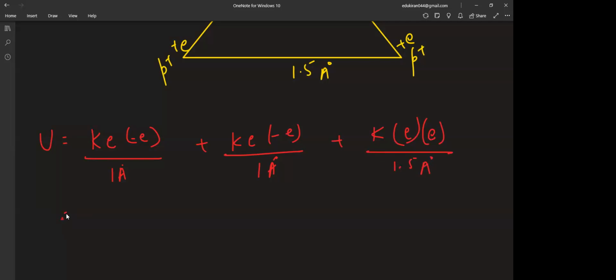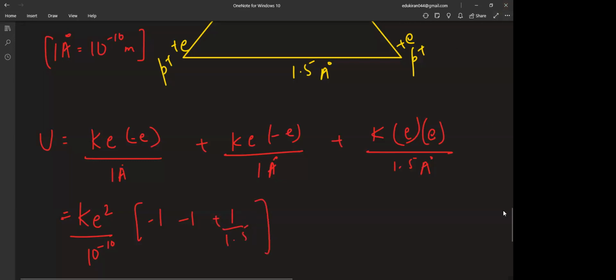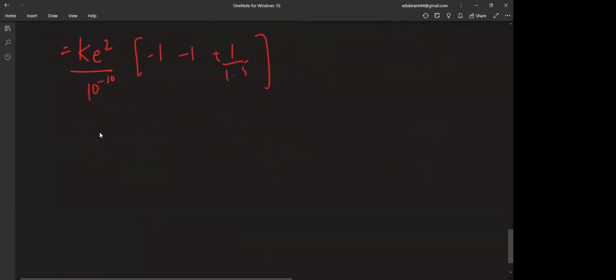So let us take K E square common, with 10 to the power minus 10 because 1 angstrom is equal to 10 to the power minus 10 meters. So from here we are left with minus 1, from here minus 1, from here plus 1 by 1.5. So we just have to calculate now. This is our answer.